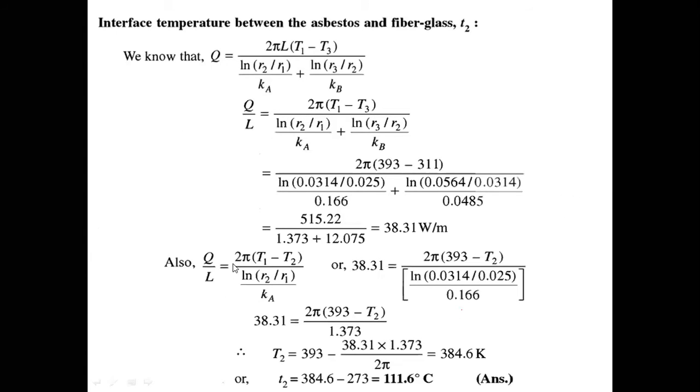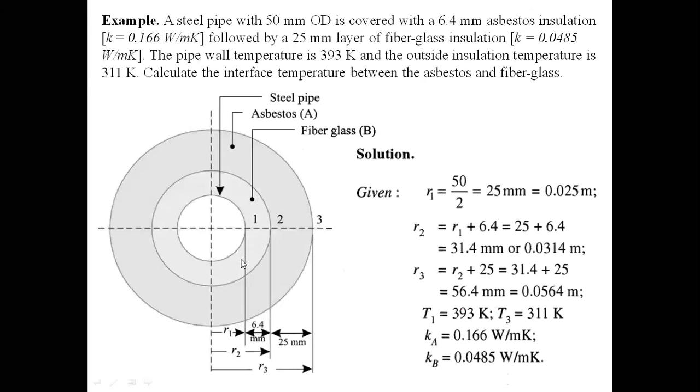Again, Q by L means twice pi for this cylinder.